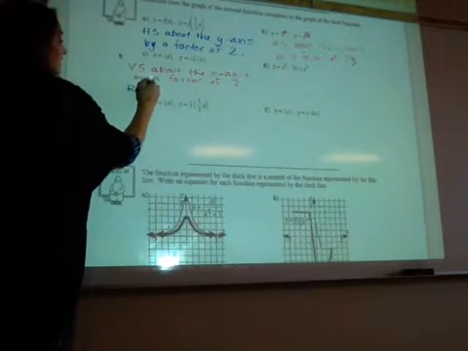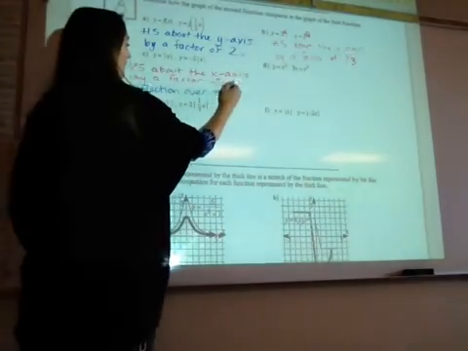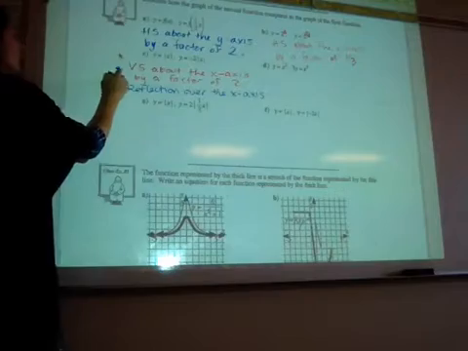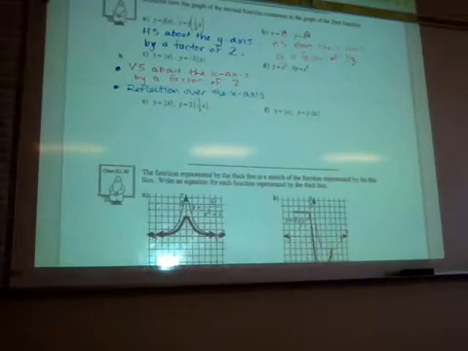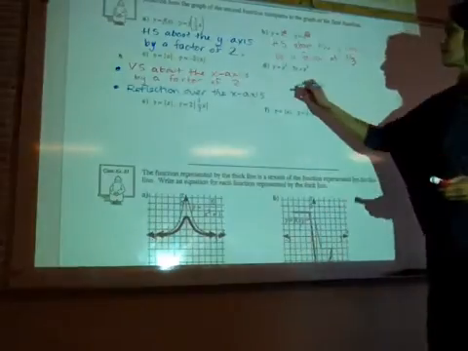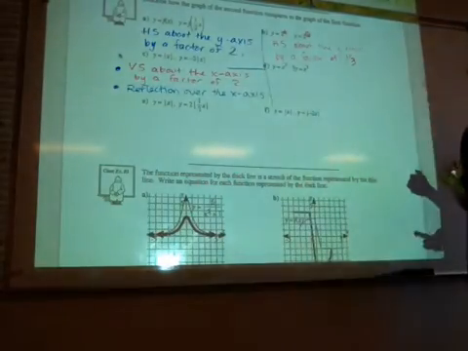Okay, so reflection over the x-axis. Okay, so two things were happening this time.